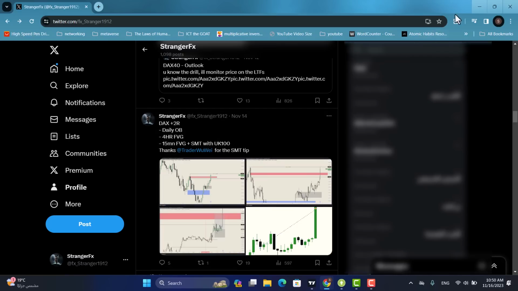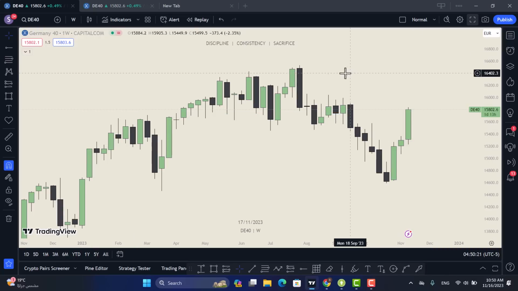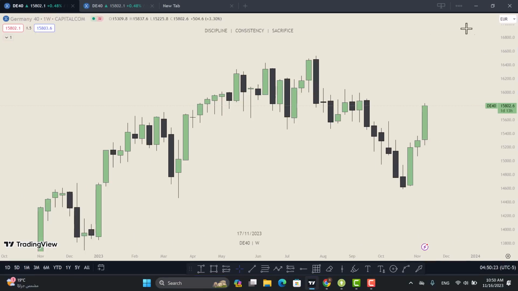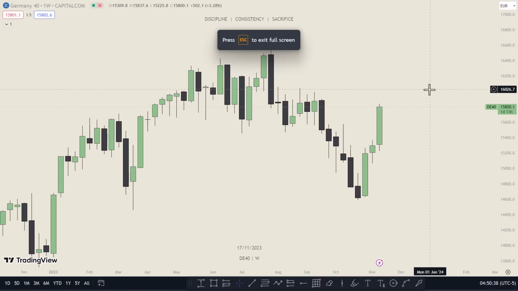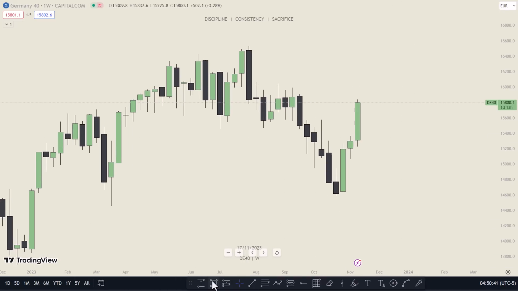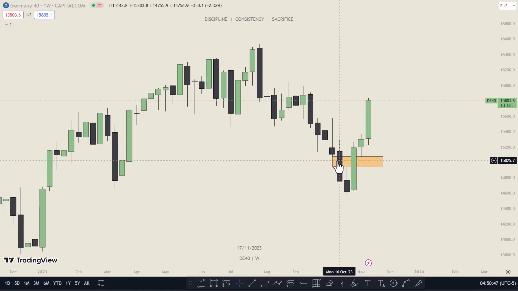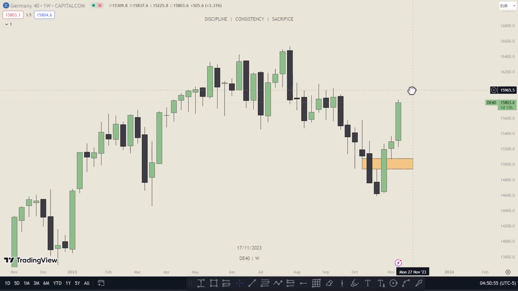All right. So let's just get into the chart and let's talk about how to use inverted fair value gaps. You all know what an inverted fair value gap is. It's easy to spot and it is not rocket science. This fair value gap right here got violated and it acted as what? Support right here and pushed price to the upside.